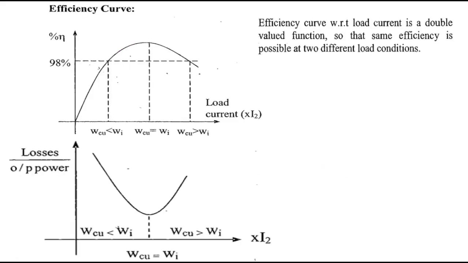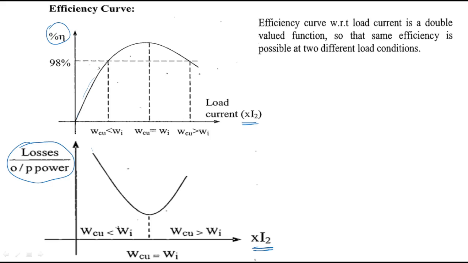So for this, this is the relation. In this case, first the variation is load current xI2 versus efficiency, and losses to output power versus xI2. If losses to output power is very high, the efficiency is very low, since losses are more, from 0 to some extent.